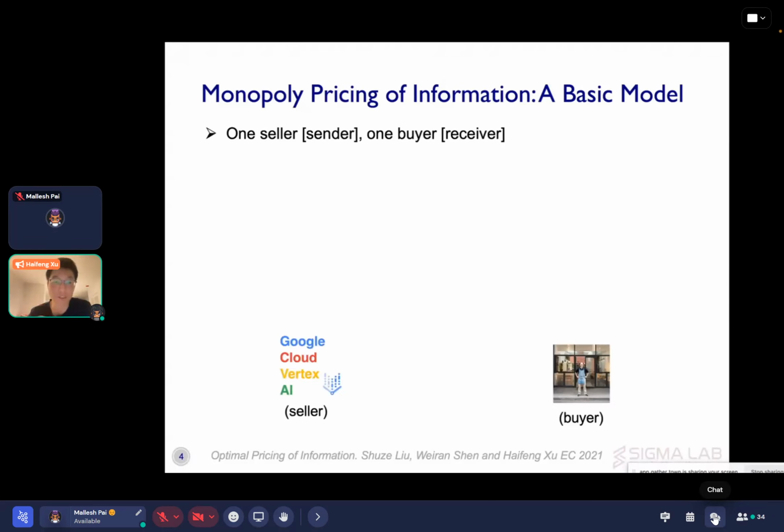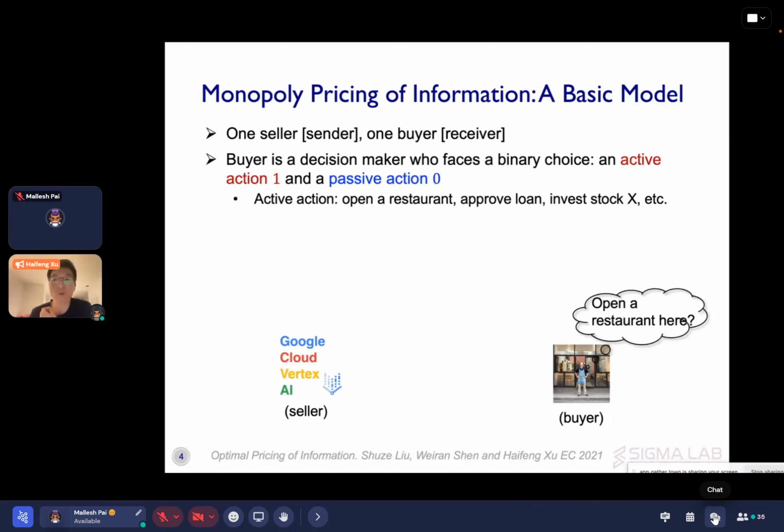One example is that the seller may be Google Cloud, which can make a lot of predictions, and the buyer may be a small restaurant owner who is deciding whether he wants to open a restaurant here or not. So this buyer is a decision maker who faces a binary choice: either an active action or a passive action.